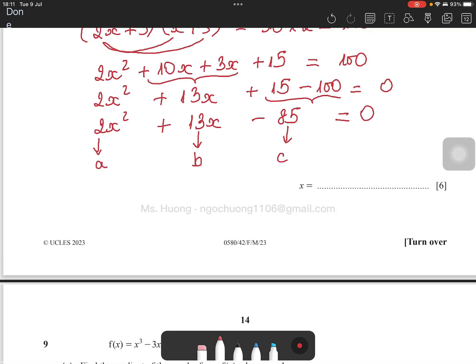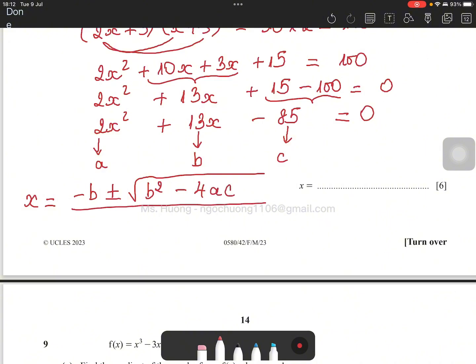According to the quadratic formula, you know that x is equal to negative b plus or minus the square root of b squared minus 4ac all over 2a. Now we'll substitute everything into this formula.